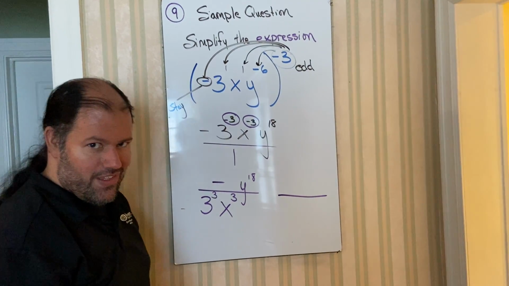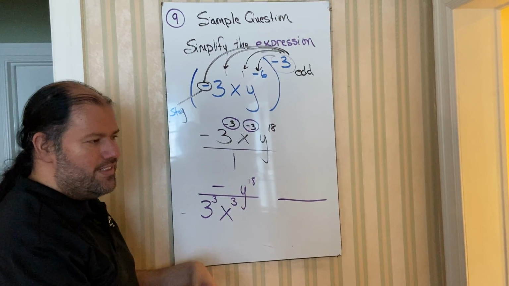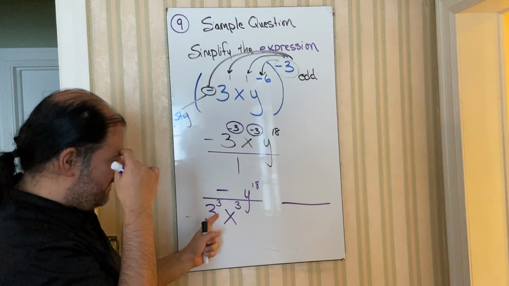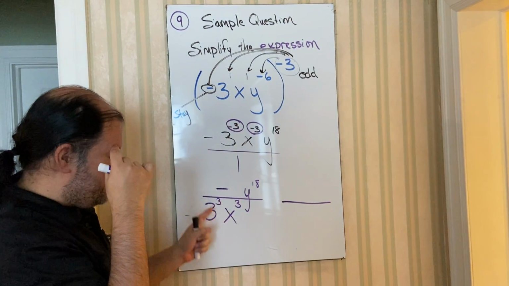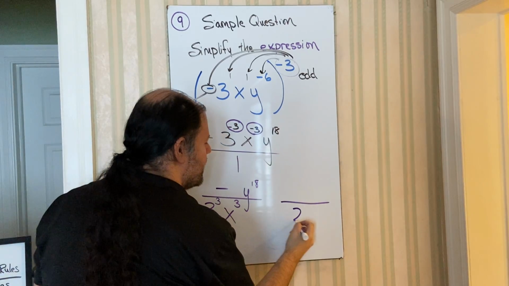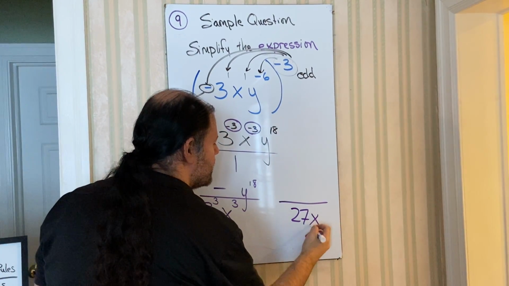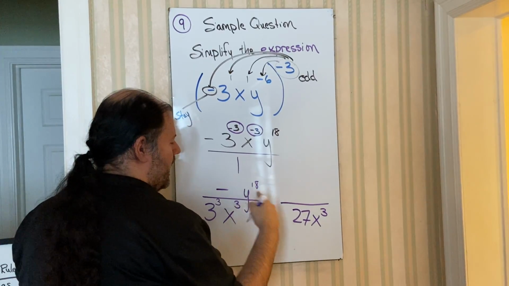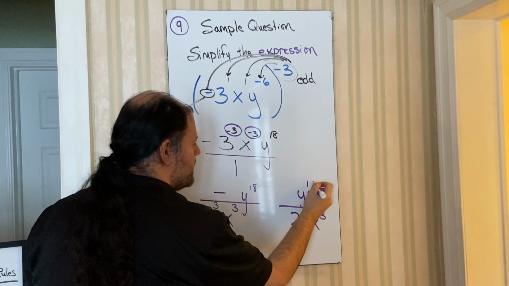Be careful. It's not 9, it's 3 times 3, which is 9, times another 3. I always get someone who just sees 3 and 3 and they say 9. No, it's 3, 3, 3. So make sure you write it out as 27x cubed. And then the top is still y, 18.